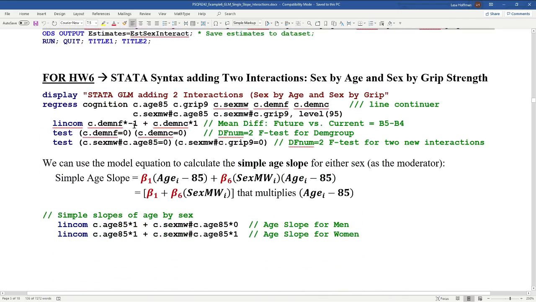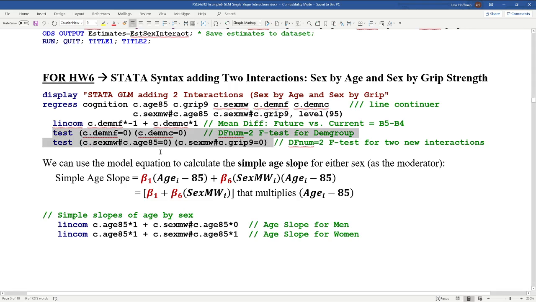Same thing in Stata. My interaction terms here are defined using a hashtag if you are under 40, or what we old people call a pound sign. LINCOM is the analog to estimate for asking for the model-implied dementia group difference. Test statements are the analog to contrasts.